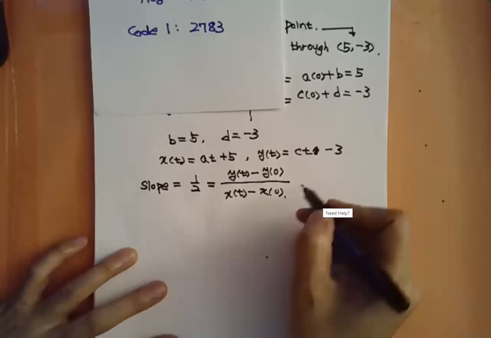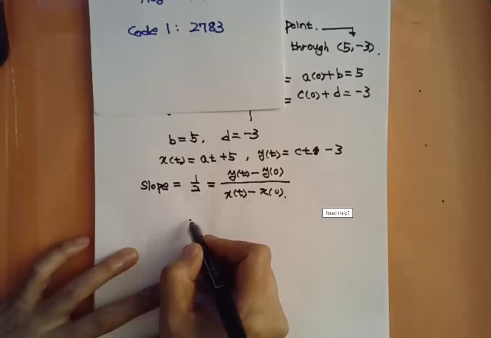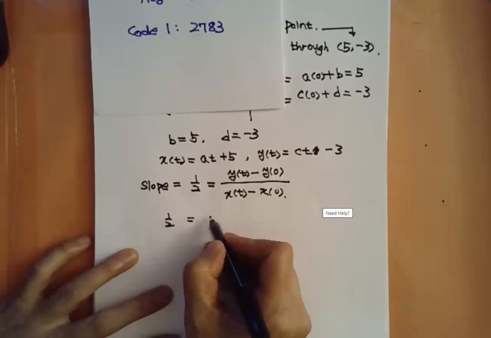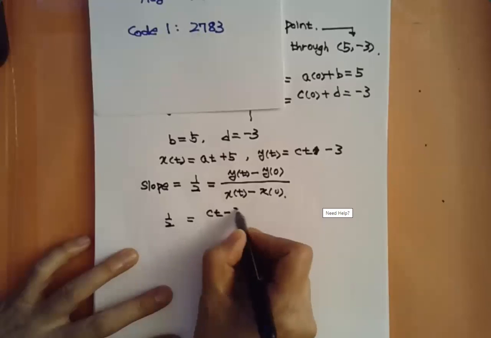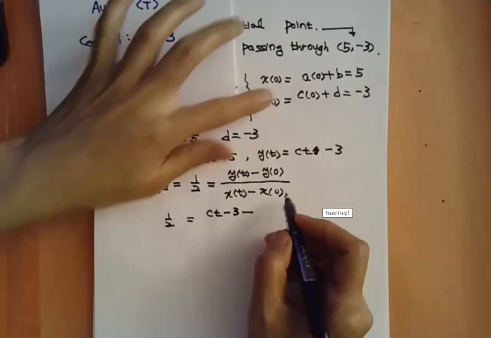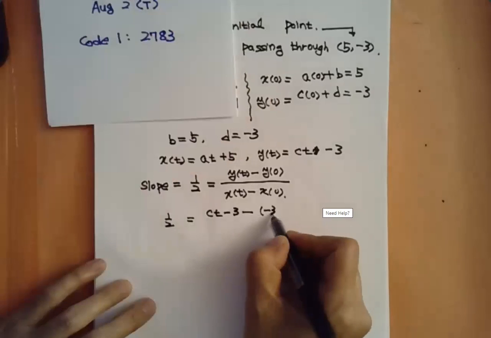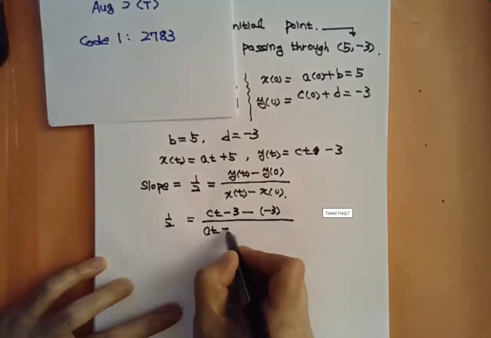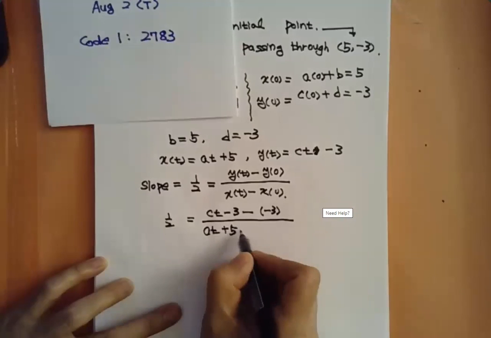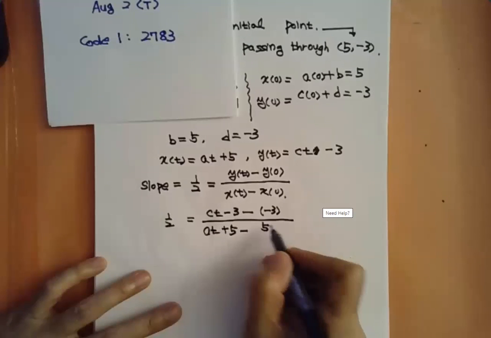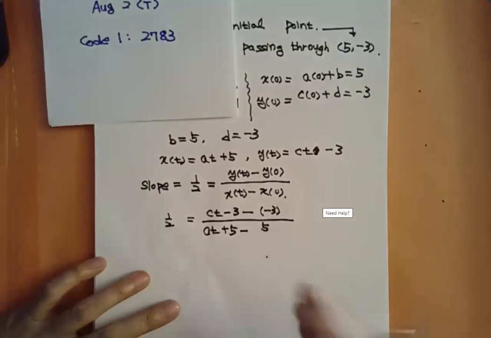So this becomes 1 over 2 is y of t is ct minus 3 minus y of 0 is minus 3 over x of t is at plus 5 minus x of 0 is 5.